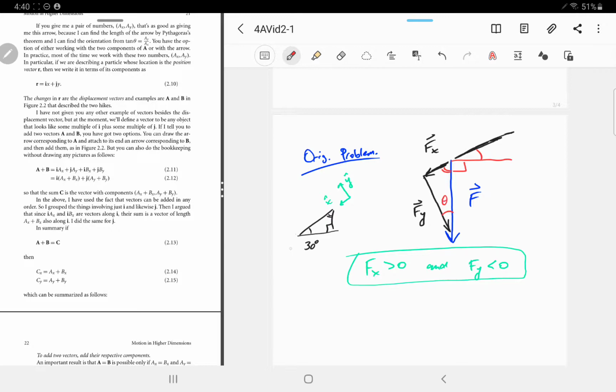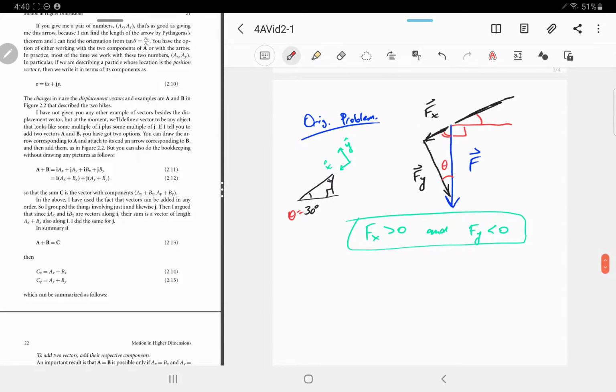So if my angle here is 30 degrees, that's going to be this one. So it looks like sine theta is opposite over hypotenuse. Remember, this is a right angle because our x and y pieces are definitely perpendicular to each other. So theta is between 0 and 90 degrees. I'm just talking about the magnitudes now. We already figured out what we're going to do with the signs later.